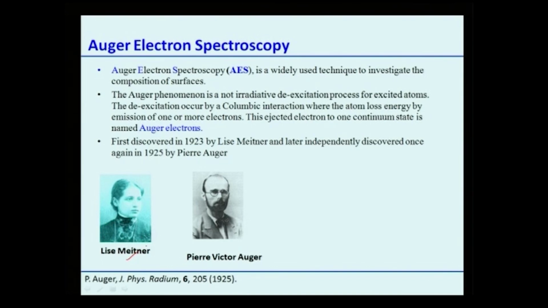This is the Pierre Victor Auger picture you can see there. His paper was published in Journal de Physique et le Radium in 1925, and this process is named after him.